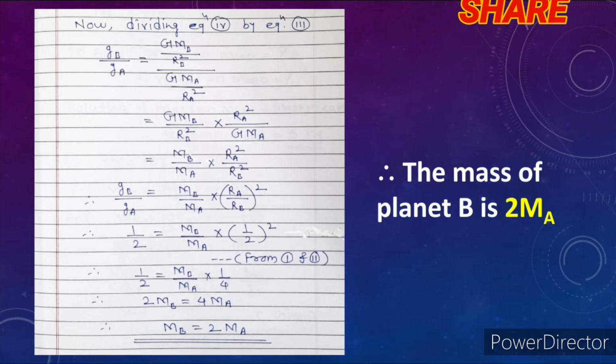And therefore, 1 by 2 is equal to Mb upon Ma into 1 by 2 whole square, from equation 1 and 2. Therefore, 1 by 2 is equal to Mb upon Ma into 1 by 4. Then after, by making cross multiplication, we get 2Mb is equal to 4Ma. And therefore, Mb is equal to 2Ma. And therefore, the mass of planet B is 2 times the mass of planet A.